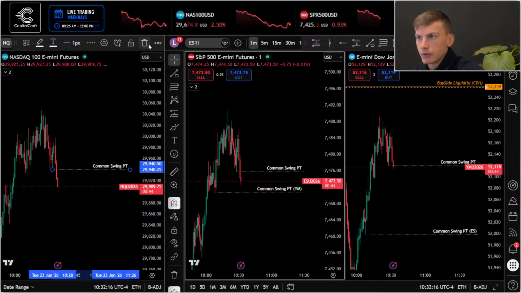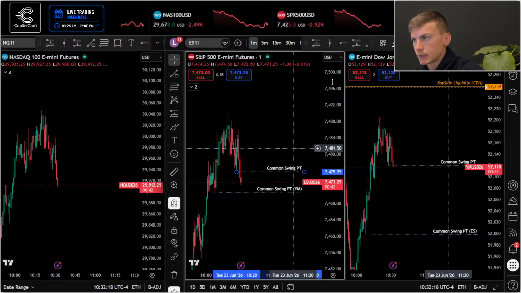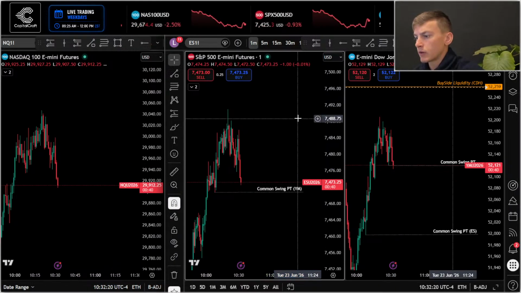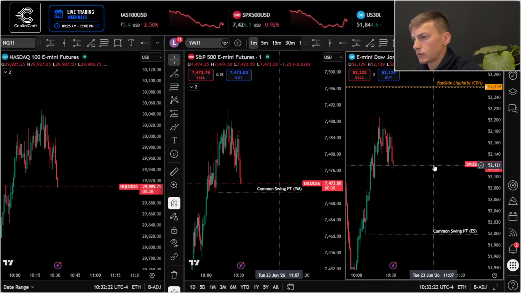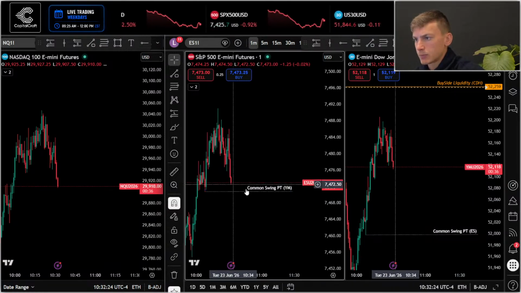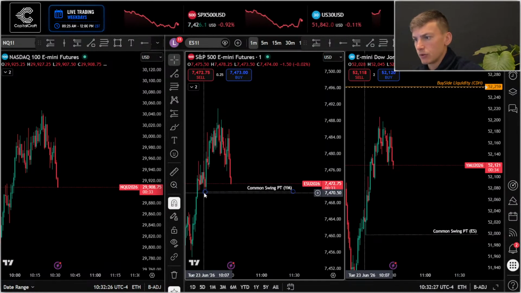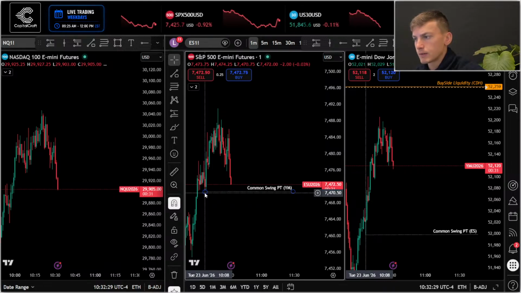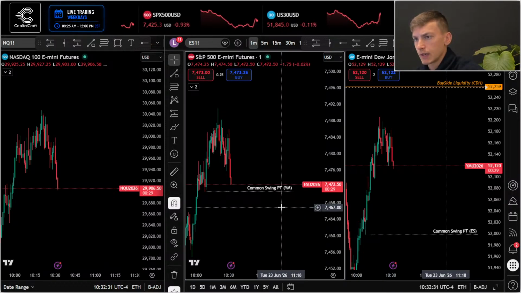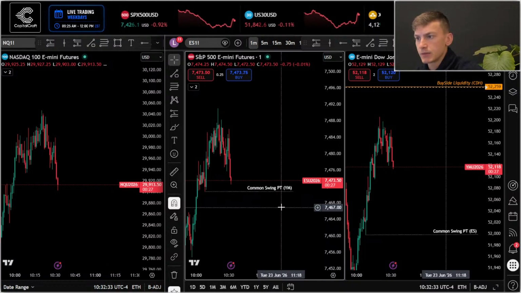So we've traded below this on all of them. That means I can't use that specific swing point. Okay, now my next possible target is this specific swing point here, found at 10.08 on the Nasdaq, and on the Dow and the S&P.